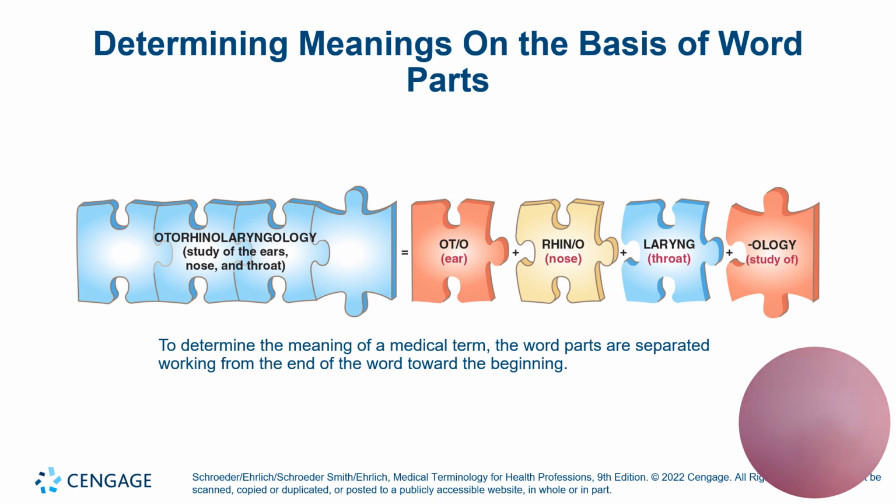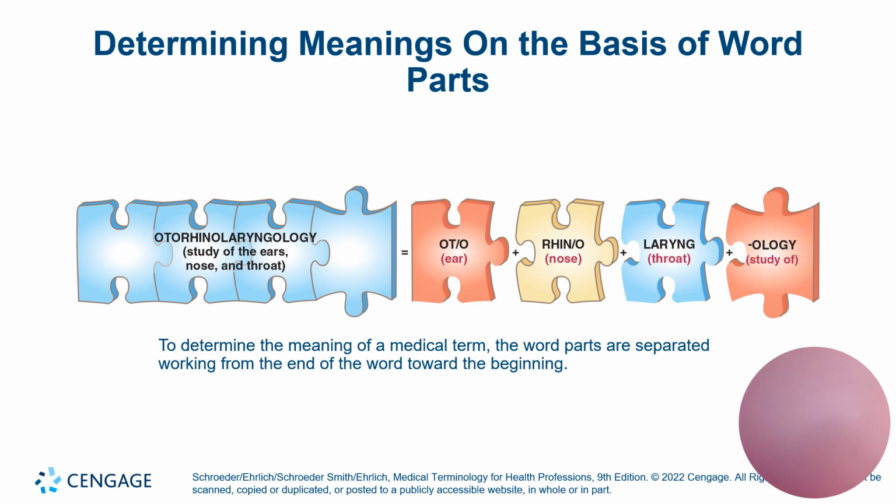We do use the combining vowel here because the word root rhine is joining another word root that begins with a consonant. The combining form OT with O means ear. So OT means ear. The combining vowel is used here once again because that word root OT is joining another word root that begins with a consonant.